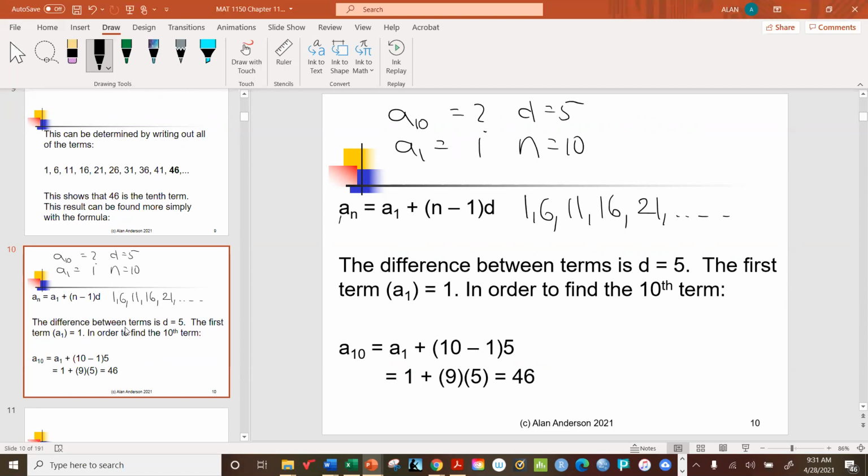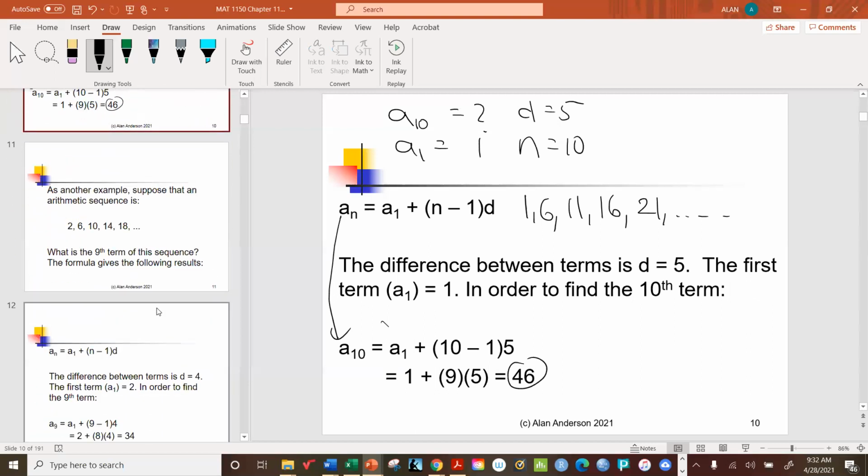So we fill in all the appropriate values. A10 equals A1 plus N minus 1 times D, or here we have 1 plus 10 minus 1 times 5, or we can rewrite that as 1 plus 9 times 5 equals 46. And that just confirms what we did on the previous slide. We were able to show that the 10th term is indeed 46. All right, so arithmetic sequences are pretty straightforward to work with.